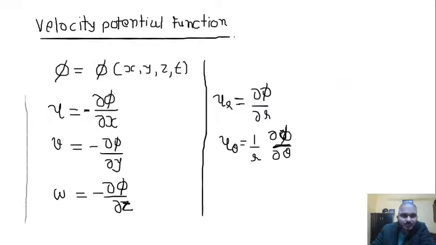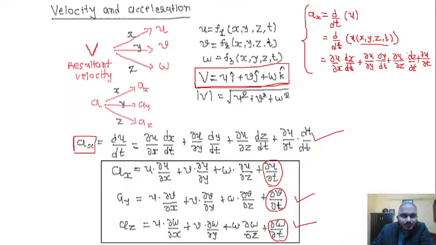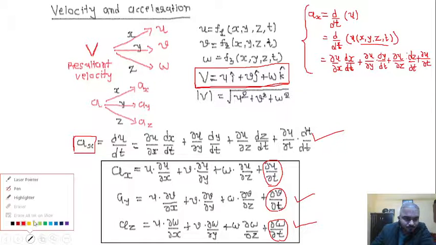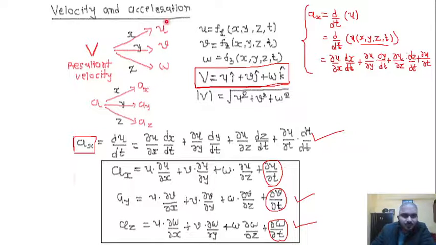So let's quickly revise what we have done today. We first started with velocity and acceleration, where the resultant velocity has components u, v and w, which are functions of space and time. Here we have the acceleration components ax, ay and az.